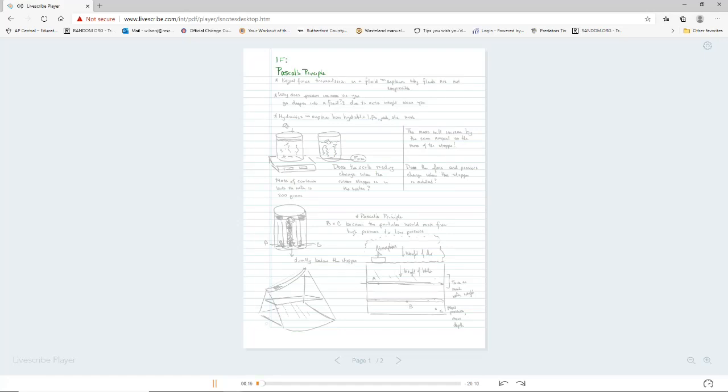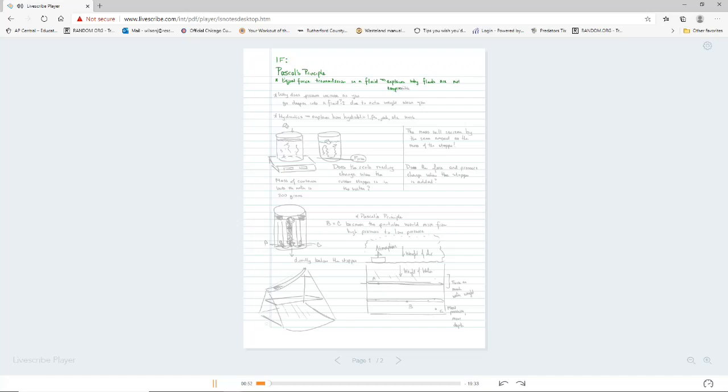So 1F, Pascal's principle is the principle behind equal pressures, equal force transmission in a fluid. And so that part is what explains why fluids are not compressible.